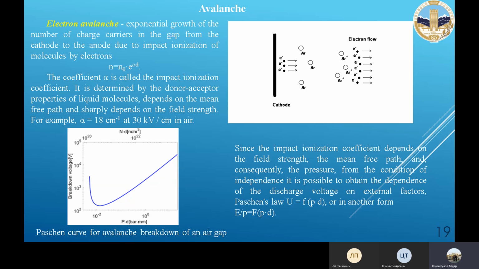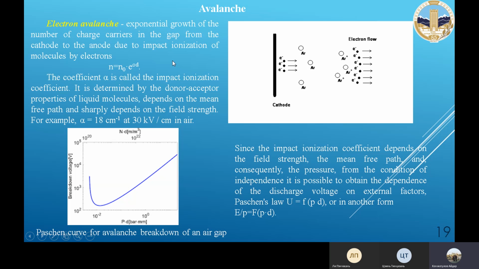The electron avalanche is the exponential growth of the number of charge carriers in the gap from the cathode to the anode due to the impact ionization of molecules by electrons. This is described with this formula.